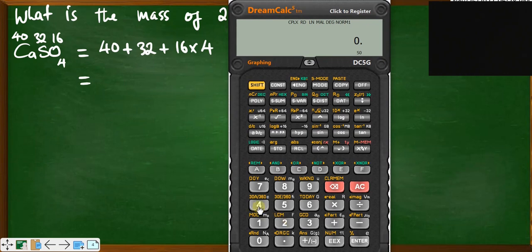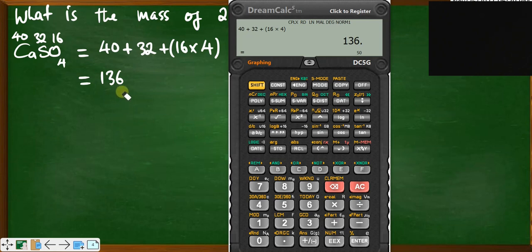So I'll say 40, plus 32, plus, and this one I'll put in brackets because there's times. So I'll say plus open brackets 16 times 4. Then I'll say equals. So I'm getting 136. So here I'll put 136. So this is the relative formula mass.